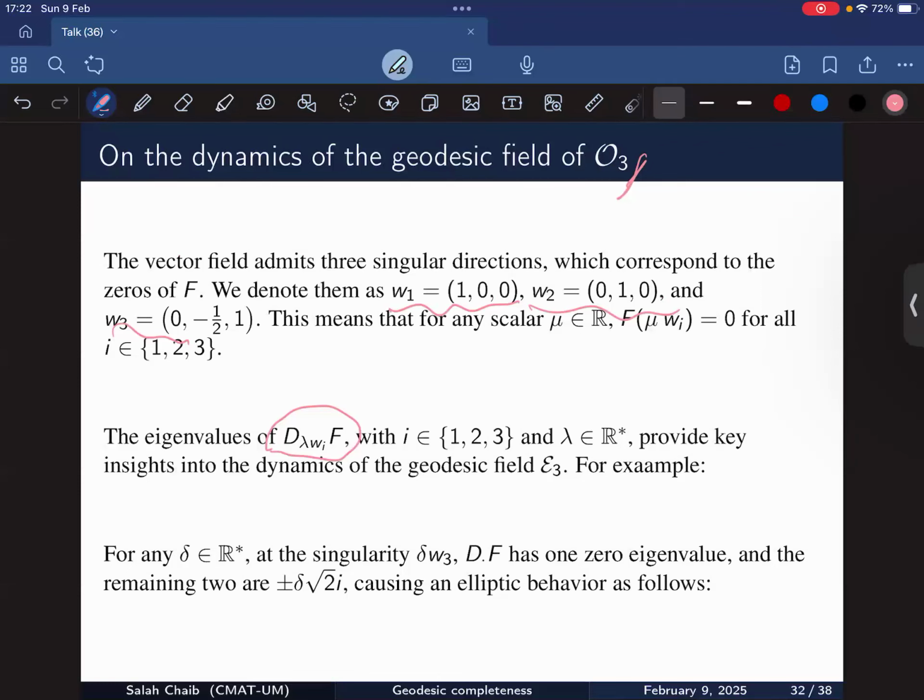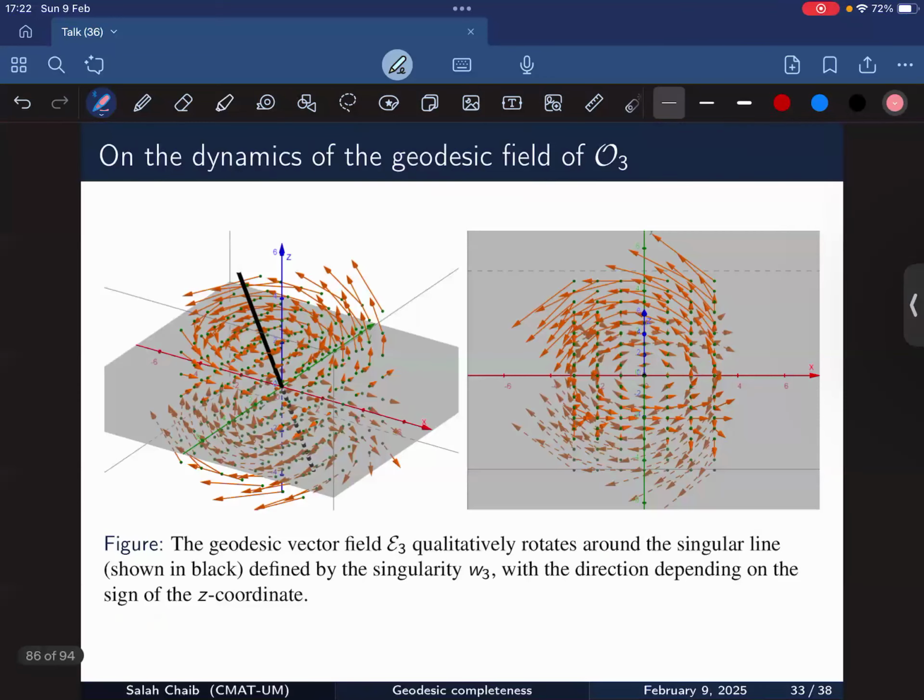Here I will give you an example. If we take the singularity omega 3 and compute the eigenvalues of the differential, we get two purely imaginary eigenvalues with a zero eigenvalue, and these purely imaginary eigenvalues cause some elliptic behavior, as here in the picture.